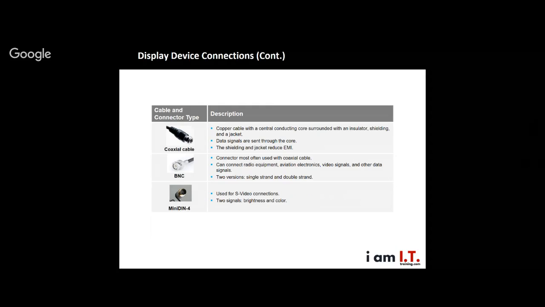The last one here on the bottom is what's called an S-video connector. None of us usually call it a mini DIN 5, but that is its technical name. S-video is a legacy connector now that is for analog only as far as video signal, no audio at all. And there were two different signals that it actually carried. One was brightness and one was color.